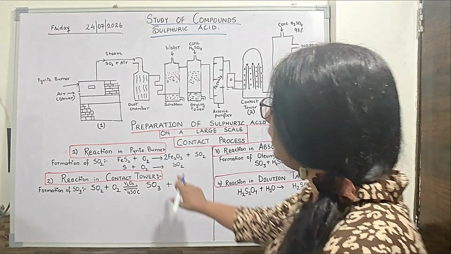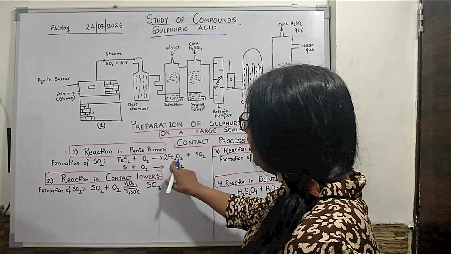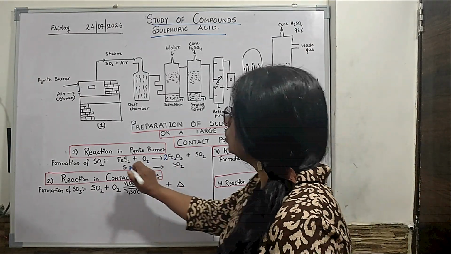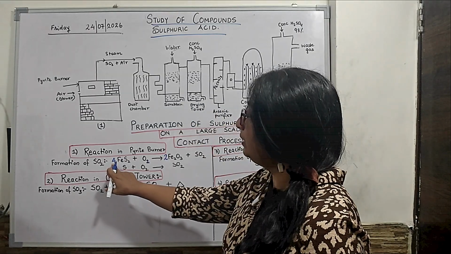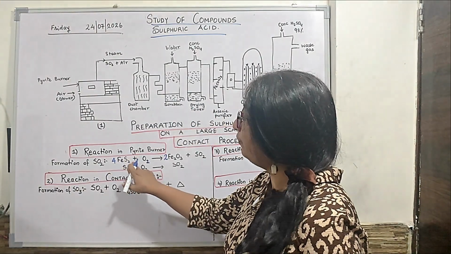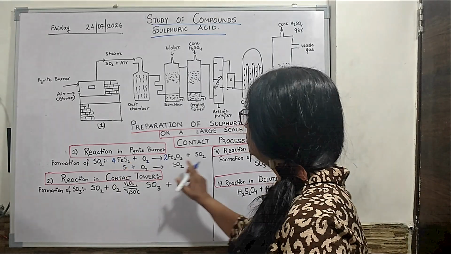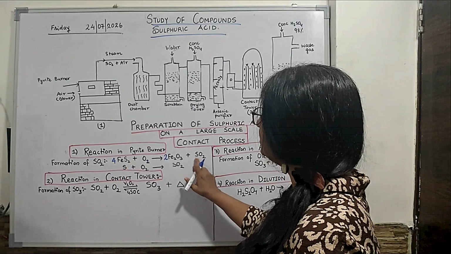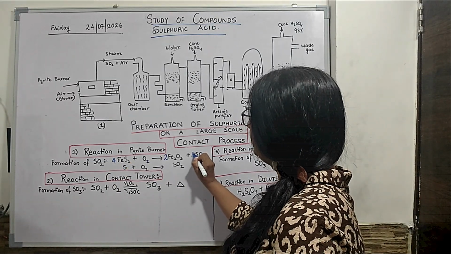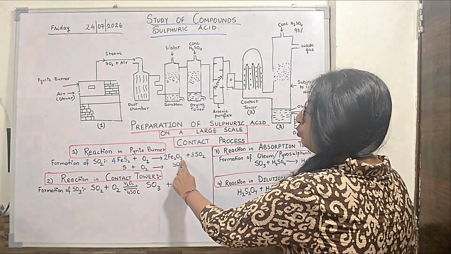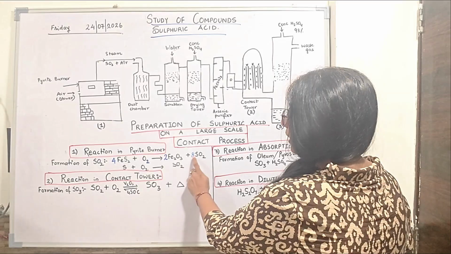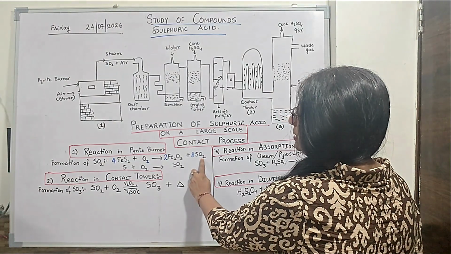Now my iron has become 4, so I add here 4. In this process sulfur has become 8, so in order to make this sulfur 8, I will add 8. Now the last thing is my oxygen. Oxygen here is 2 3s are 6 and 8 2s are 16.